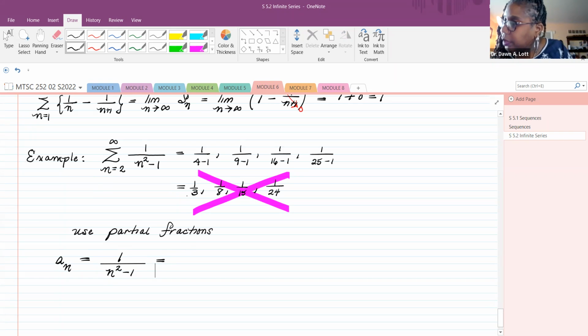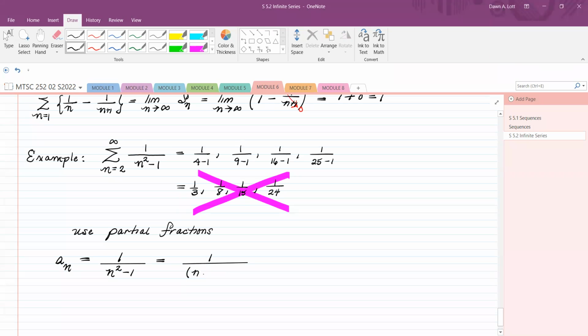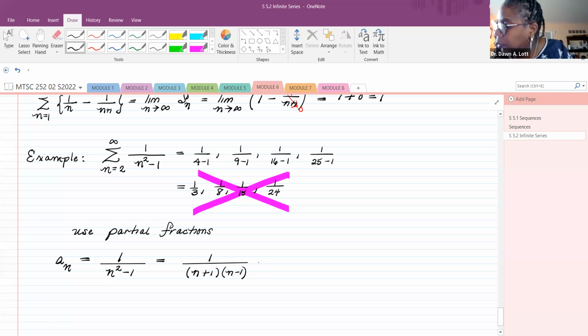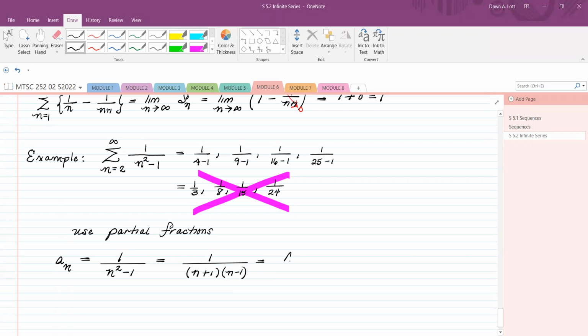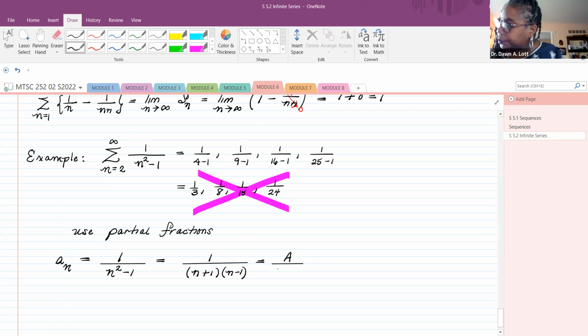And we're going to write that as 1 over n plus 1 times n minus 1, which we are then going to write as A over n plus 1 plus B over n minus 1.